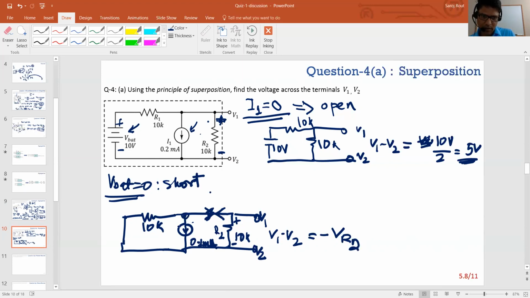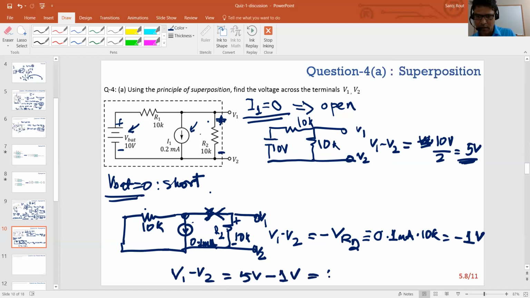I'm not going to solve the node equation because the impedances are the same in both directions, and I have 0.2 milliamps, which means there's 0.1 milliamps flowing through this 10K and 0.1 milliamps through this 10K. So that's minus 0.1 milliamps times 10K, and that's minus 1 volt, right? So V1 minus V2 by superposition is 5 volts minus 1 volt, that's 4 volts, right? That's what I call the open circuit voltage. When there is no load, that's the voltage across it.